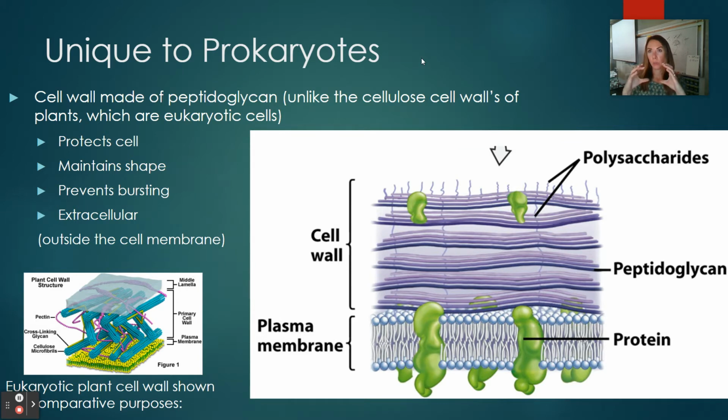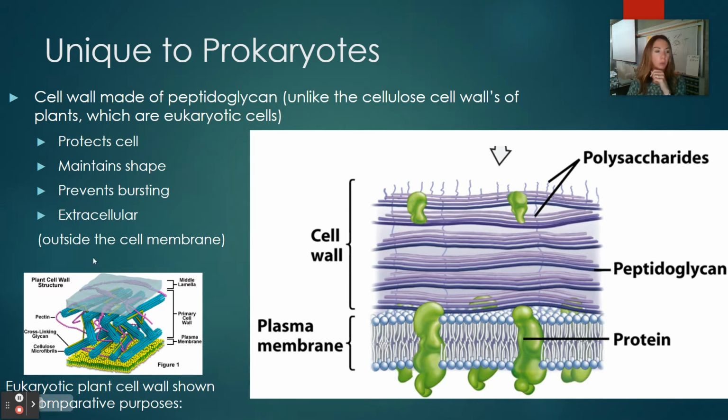It's almost like a box that goes around it to protect it. It also maintains the shape, and it prevents it from bursting. So that's nice of it, right? It's protective around the outside instead of within that cell membrane.